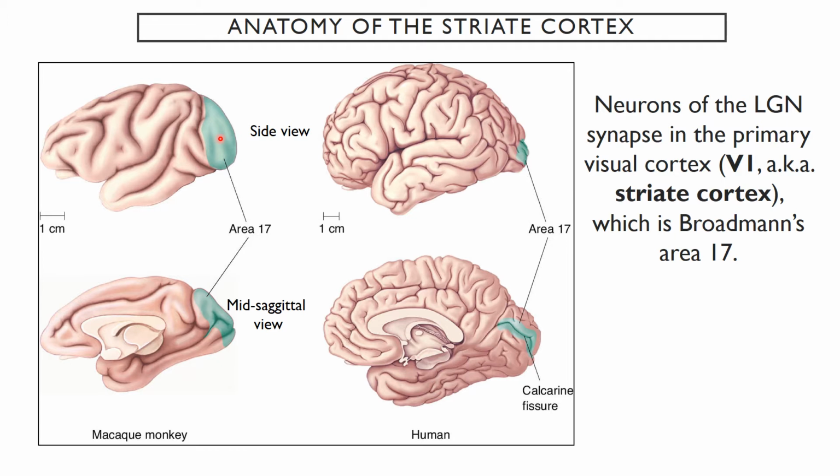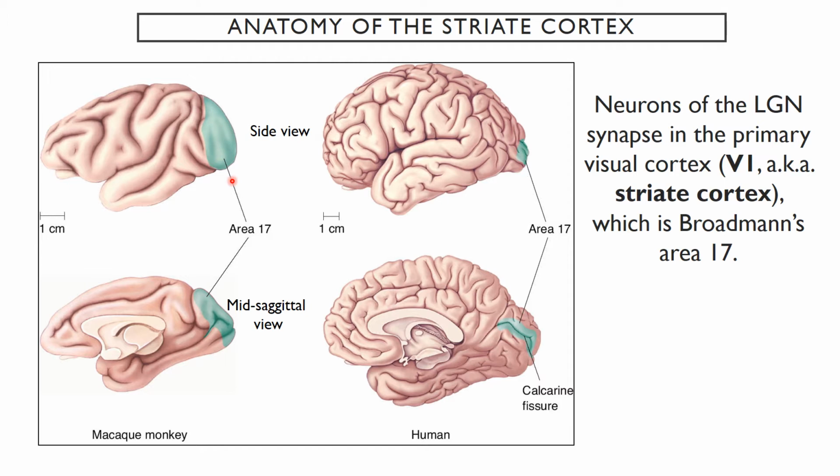Striate cortex is another name for it. And then we briefly talked about, in the very first lecture in this class, Brodmann's areas, and this is Brodmann's area 17. So it's also sometimes referred to as area 17, as shown in this figure here. I will be using primarily primary visual cortex or striate cortex. Just not going to refer to area 17.